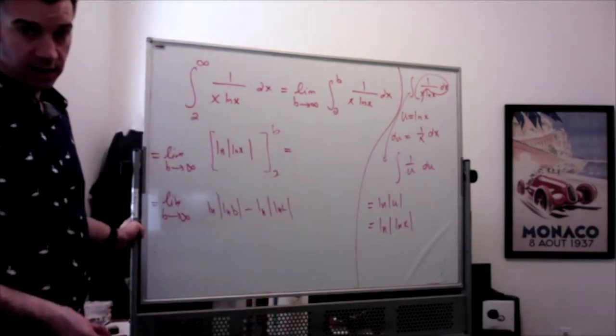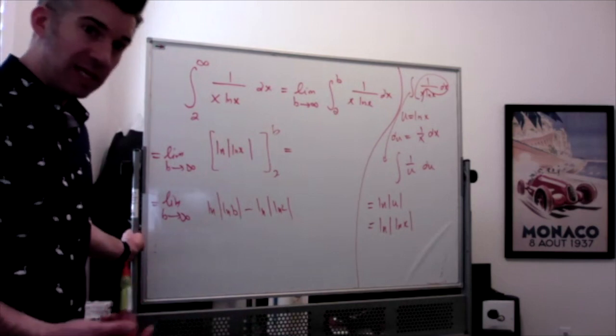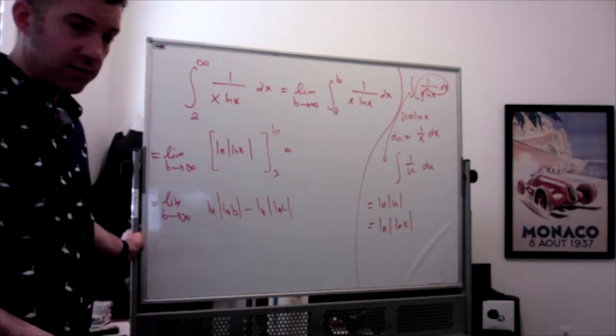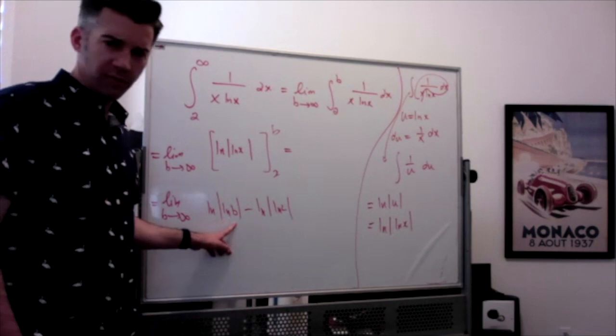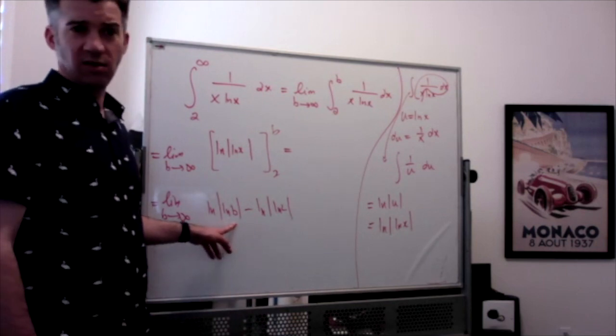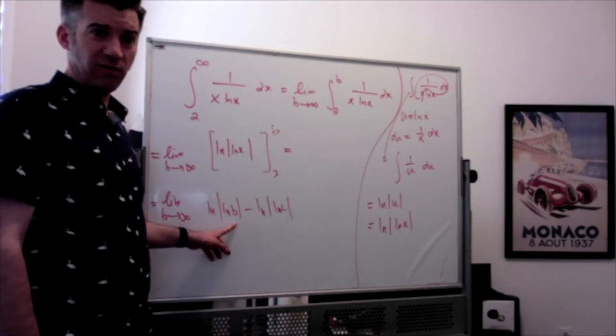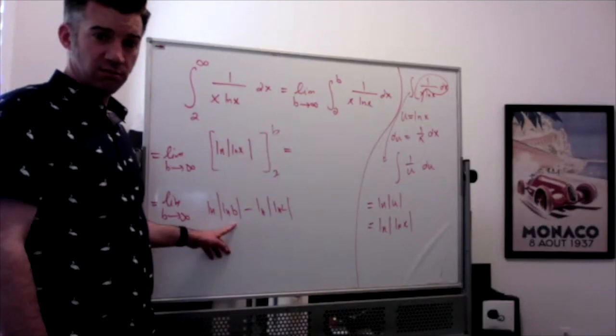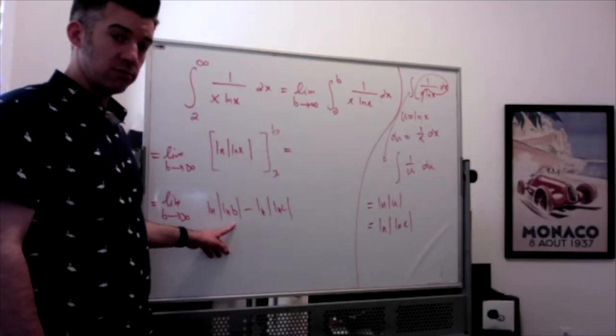So let me ask you guys, as b goes to infinity, what happens to the natural log of b? Does it go to some specific number, or does it also go to infinity? That's a good question.